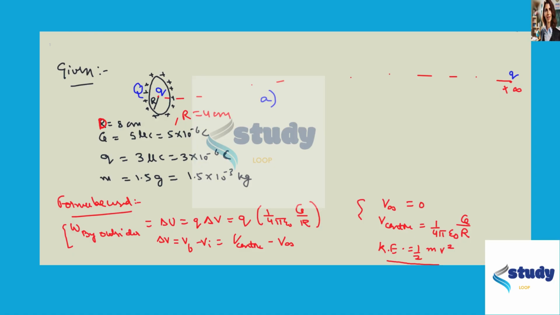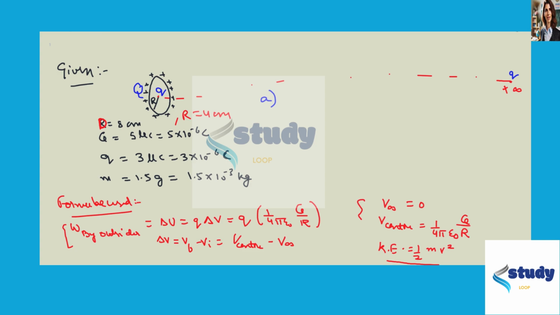Delta V is the change in potential, between infinity and the center. Potential at infinity is 0, and potential due to the ring at the center is 1 over 4 pi epsilon naught times Q over R. Q is the total charge and R is the radius. We are given the diameter is 8 centimeter, so the radius is 4 centimeter.